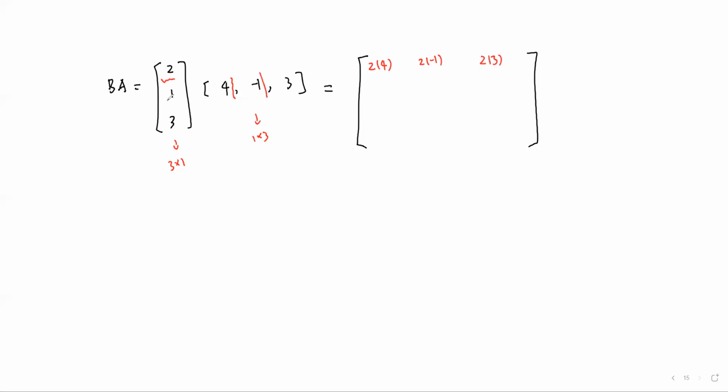The 2, 1 entry: row 2 times column 1, 1 times 4. The 2, 2 entry: row 2 column 2. And then row 2 column 3. Here 3, 1: row 3 times column 1, row 3 times column 2, row 3 times column 3.